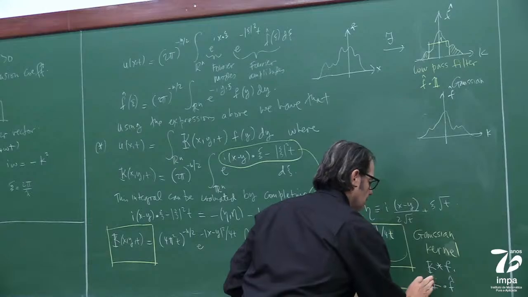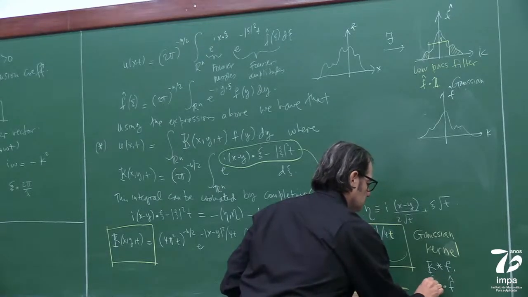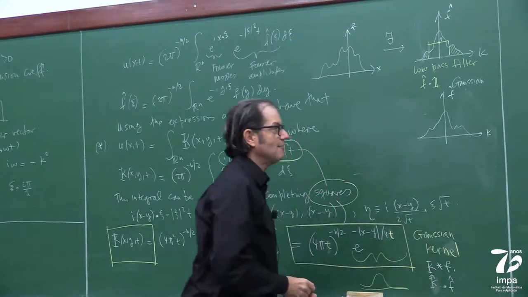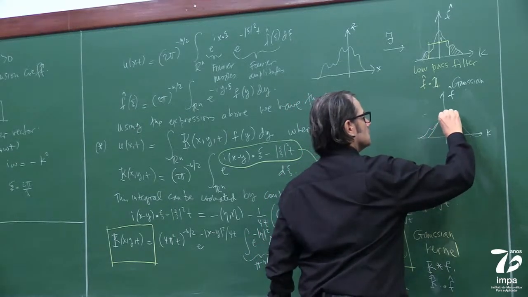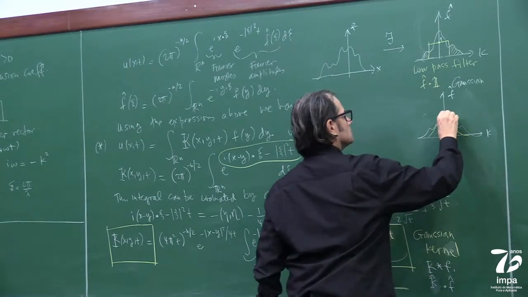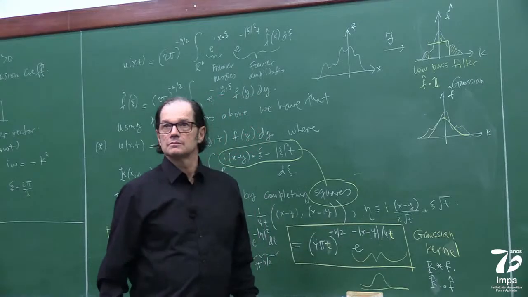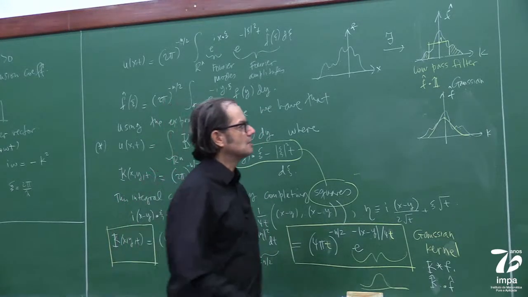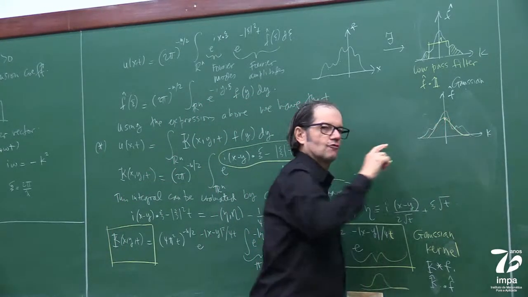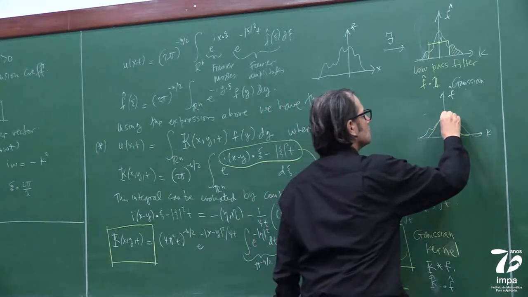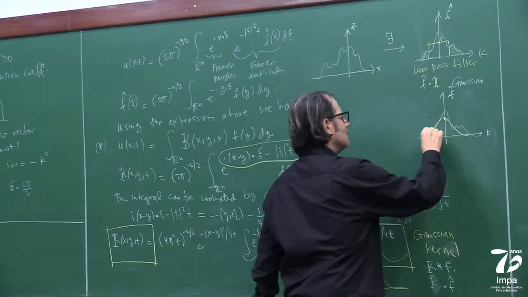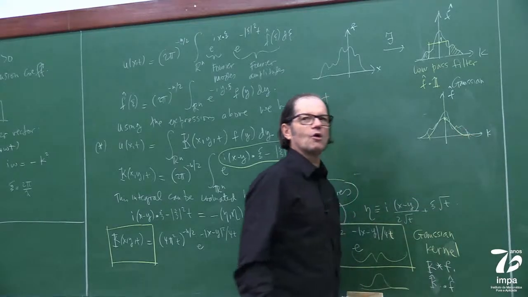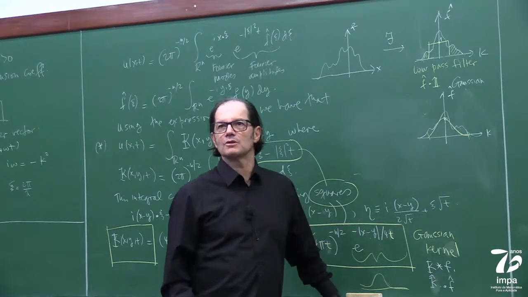multiplied with F hat. So basically I have a Gaussian here. Okay, let's suppose the Gaussian, just for better communication, let's suppose the Gaussian here. No, let's leave it like that. So what does this say? And let's suppose the Gaussian here is so small that it's almost not important.